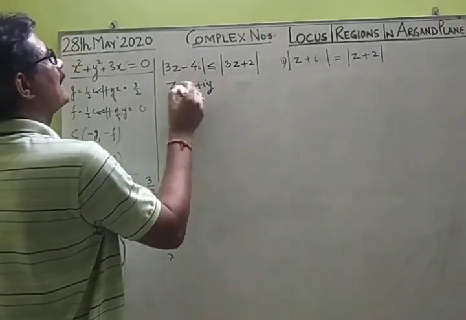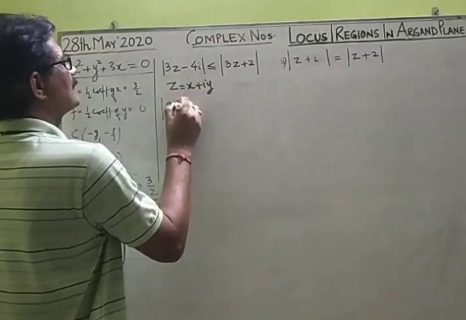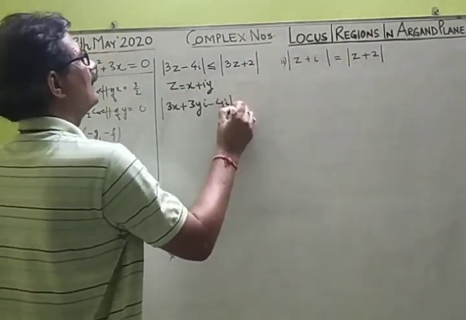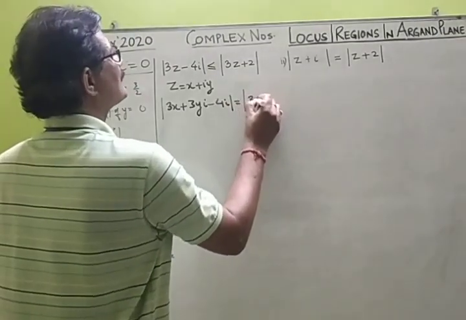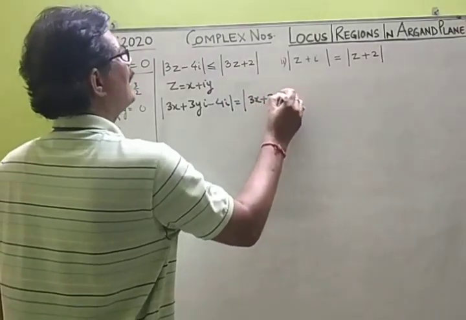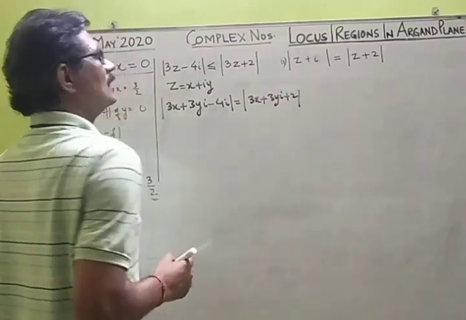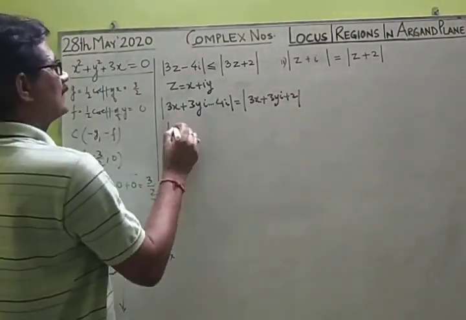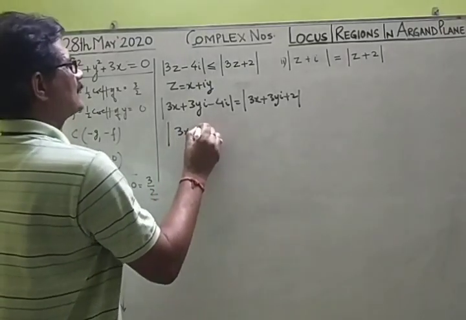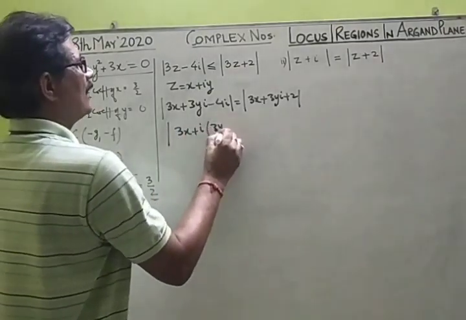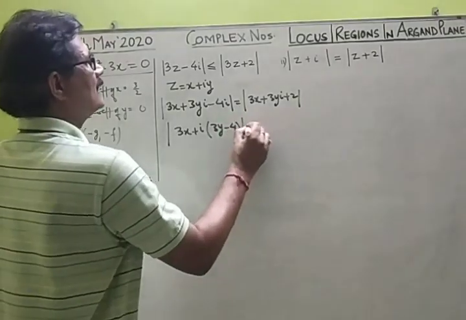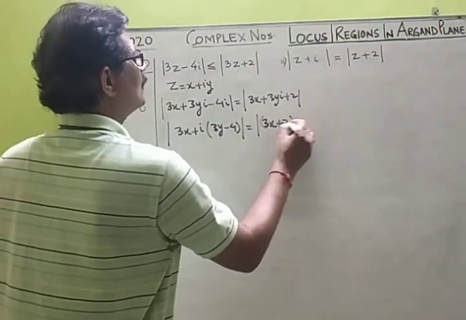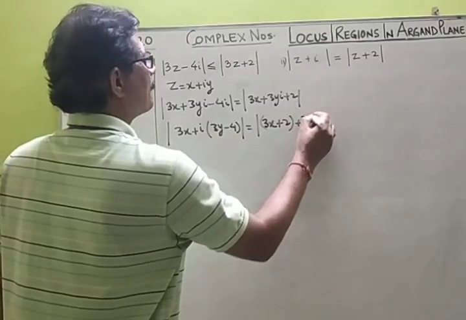When I put the value of z, it becomes 3x plus 3yi minus 4i is equal to 3x plus 3yi plus 2. Now I simply separate the real and imaginary part within the modulus. I get modulus of 3x plus i times 3y minus 4 is equal to modulus of 3x plus 2 plus 3yi.